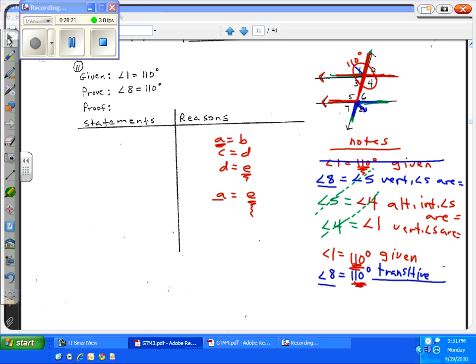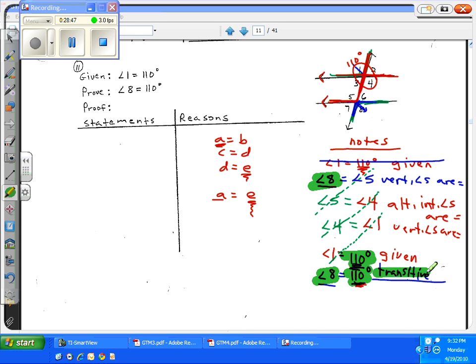And if I've got angle 1 here, I need angle 1 here. And all of a sudden, hey, I've already got it. So I started with what my transitive conclusion began with, and I ended with what my transitive conclusion ended with.